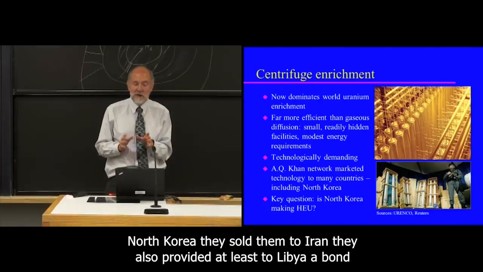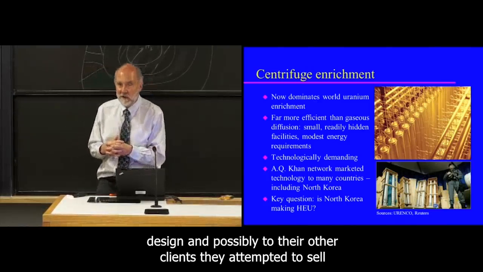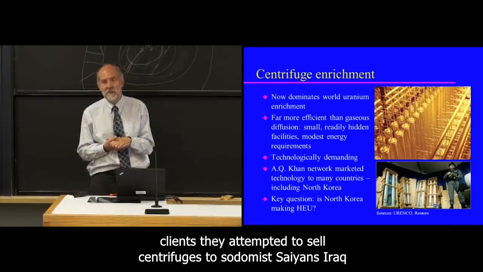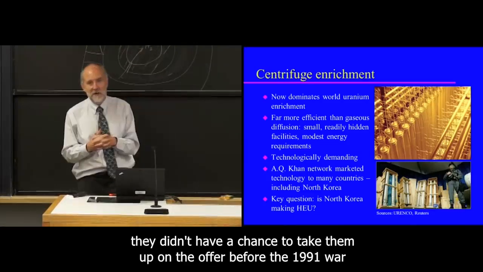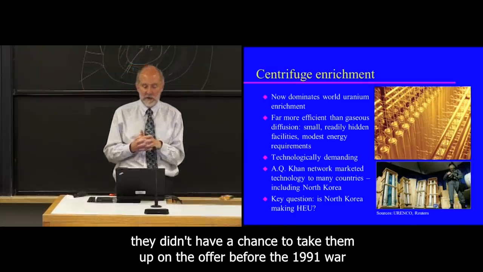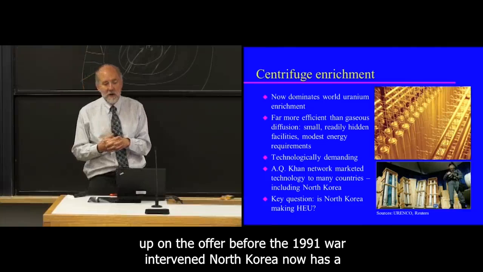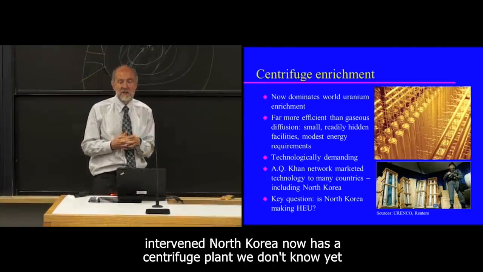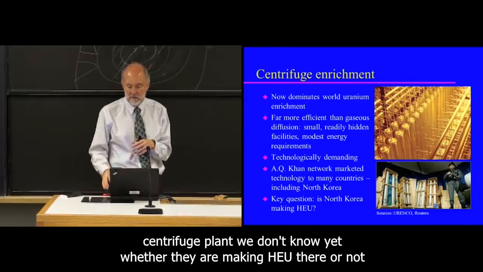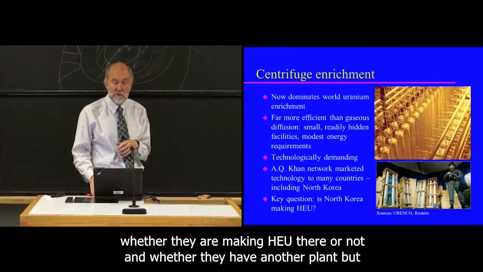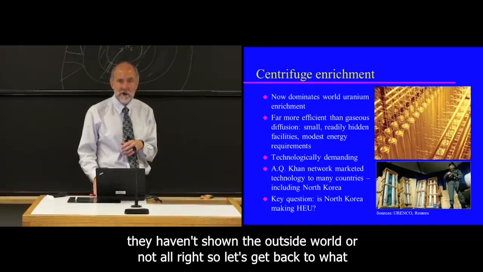They also provided, at least to Libya, a bomb design and possibly to their other clients. They attempted to sell centrifuges to Saddam Hussein's Iraq. They didn't have a chance to take them up on the offer before the 1991 war intervened. North Korea now has a centrifuge plant. We don't know yet whether they are making HEU there or not, and whether they have another plant that they haven't shown the outside world or not.